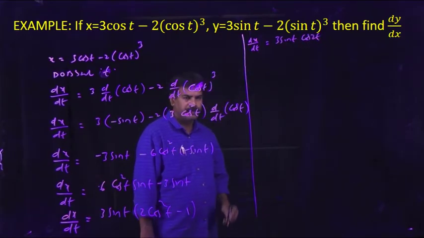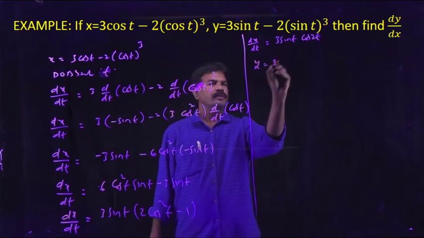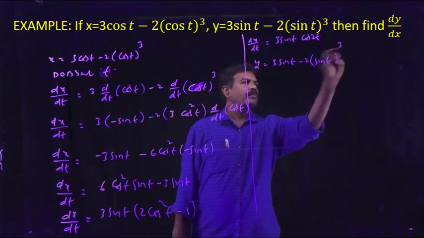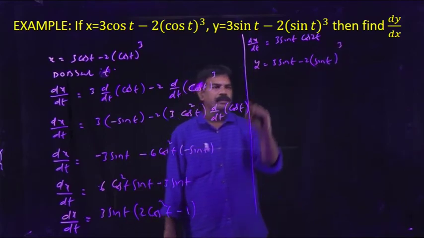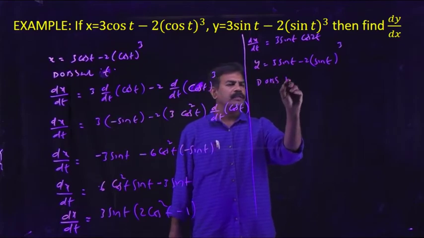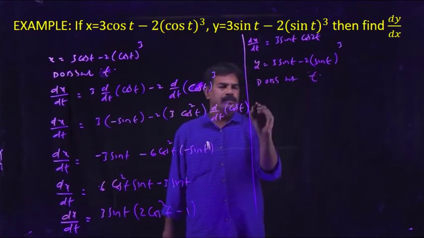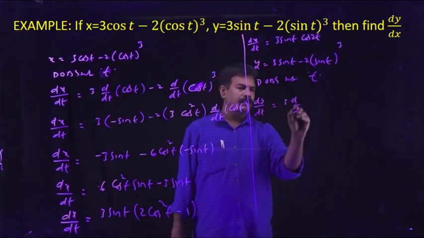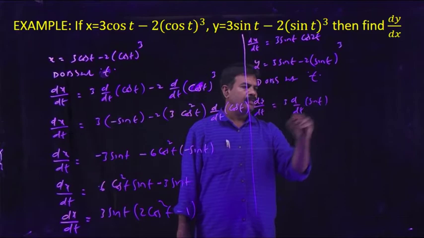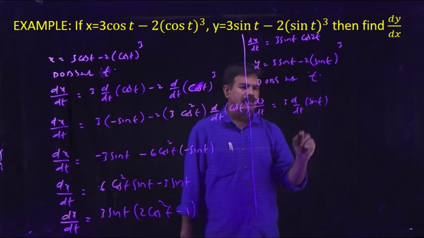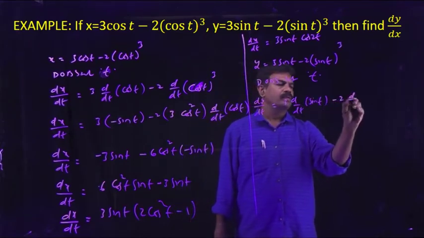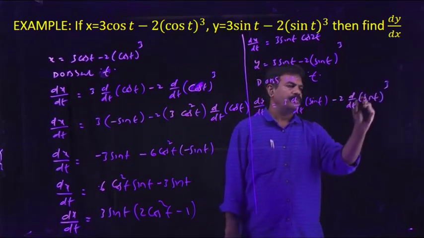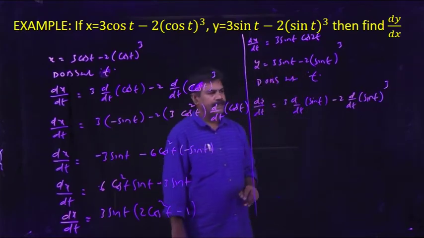Now we take y is equal to 3 sin t minus 2 into sin t whole power 3. Now differentiating on both sides with respect to t, we take dy by dt is equal to 3 into d by dt of sin t minus 2 into d by dt of sin t whole cube.